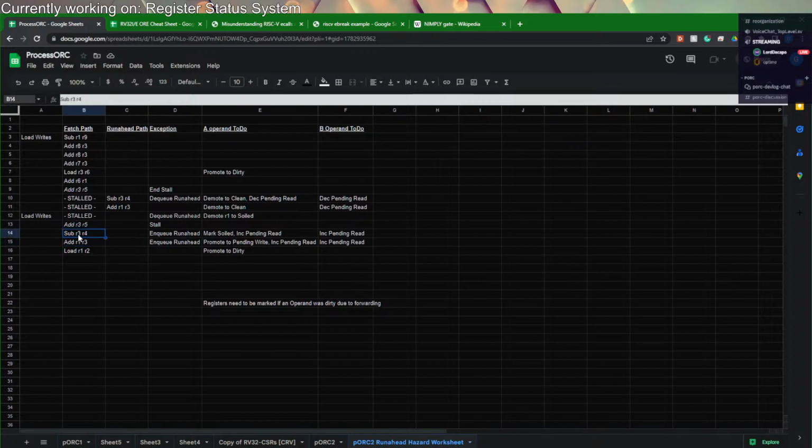Since you're pushing this instruction to the run ahead queue, not because you're waiting for a load to go to R3, but because you're waiting for something to read R3 from the run ahead queue. Okay. So soiled is a pending read: a soiled register is a register that has an instruction with a pending read in the run ahead queue.